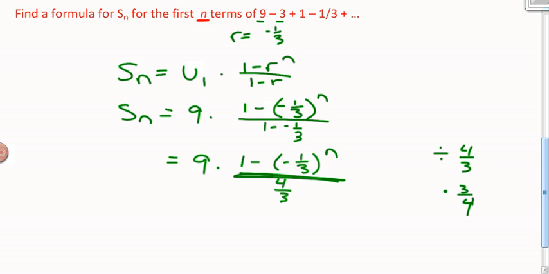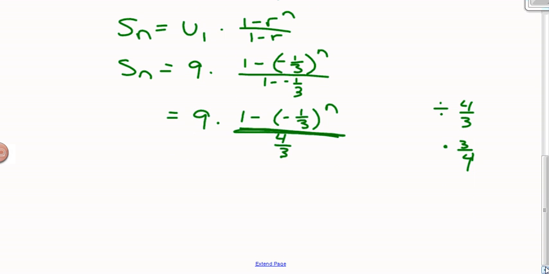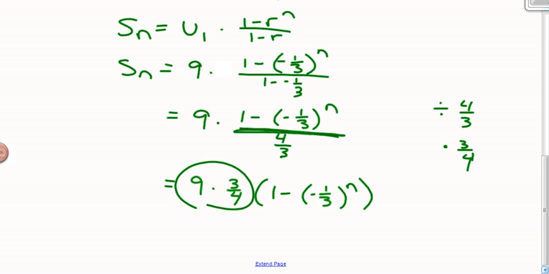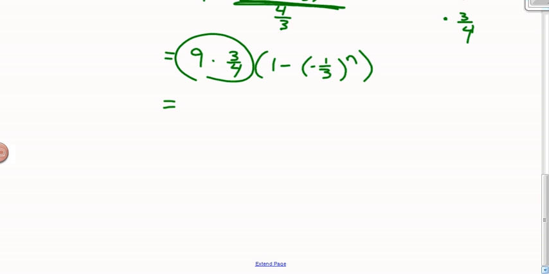So this whole thing can be multiplied by 3/4. Doesn't matter where the multiplication goes if it's multiplication. So this is 9 times 3/4 times the whole quantity, 1 minus negative 1/3 to the n. And then from here, combine those together. I'm just cleaning this up now. We have some multiplication. So this is 27/4 times the quantity 1 minus negative 1/3 to the n.